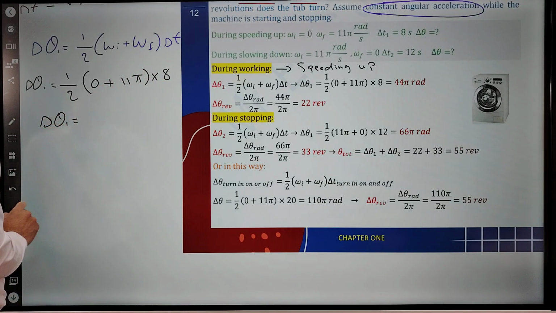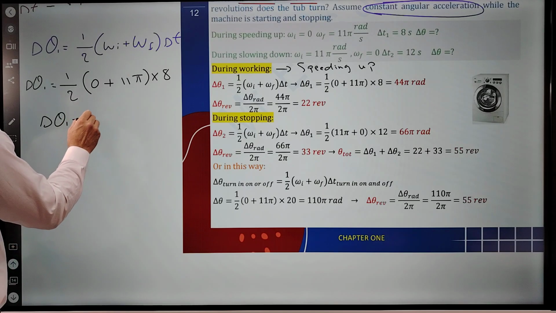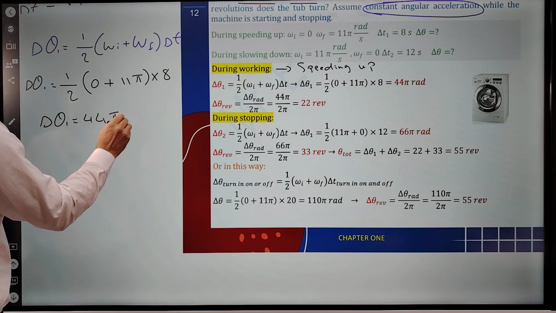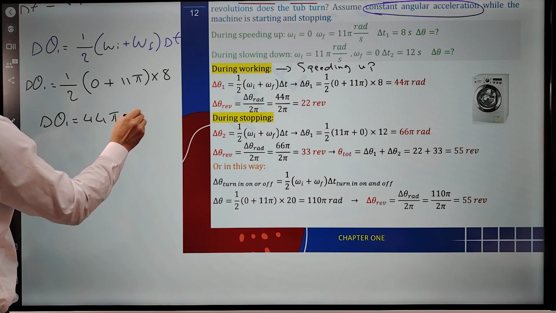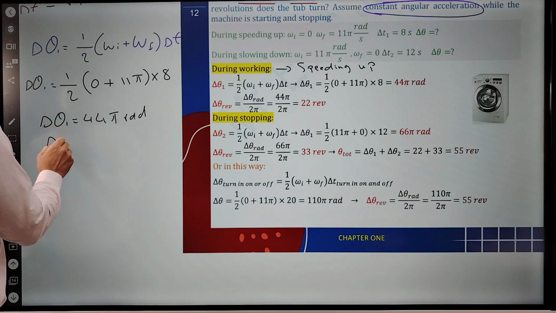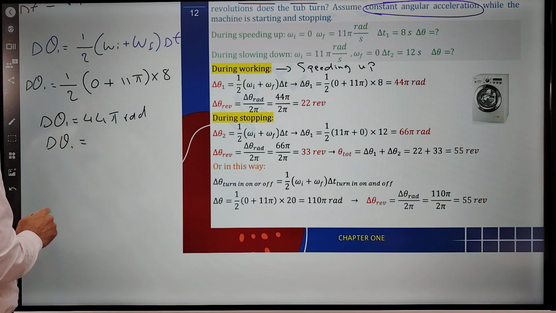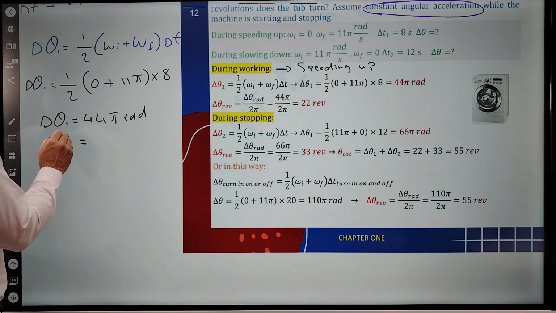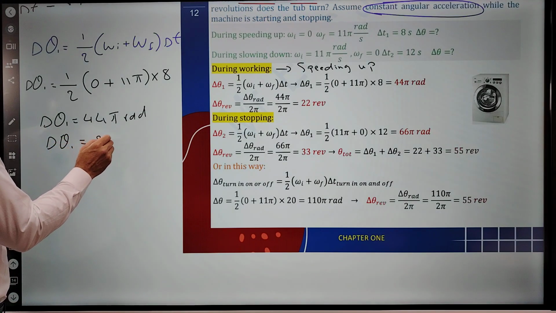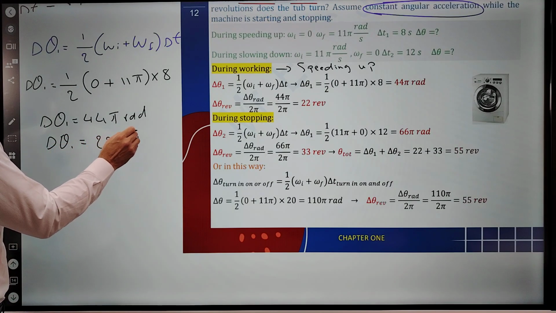Theta 1 is equal to 44 pi rad, which, if you convert to revolutions by dividing by 2 pi, is equal to 22 rev.